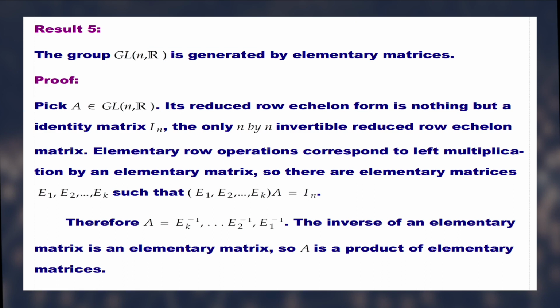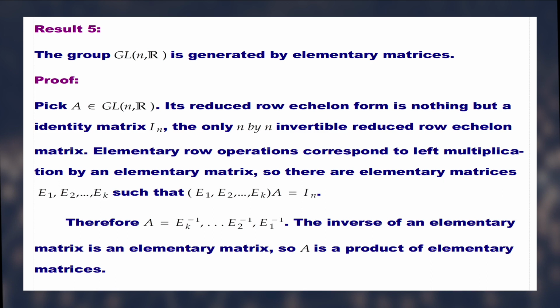The proof: fix A belonging to GL(n, R). Its reduced row echelon form is nothing but the identity matrix I_n, the only n by n invertible reduced row echelon matrix. Elementary row operations correspond to left multiplication by an elementary matrix.